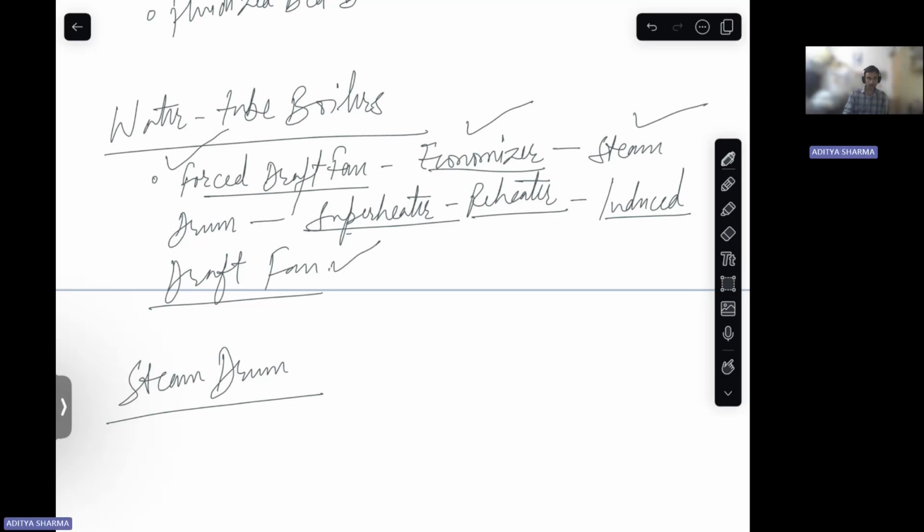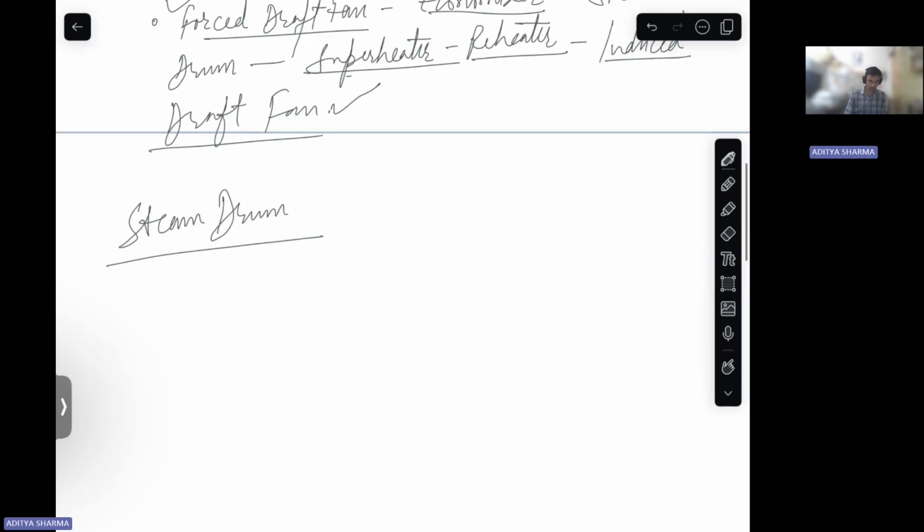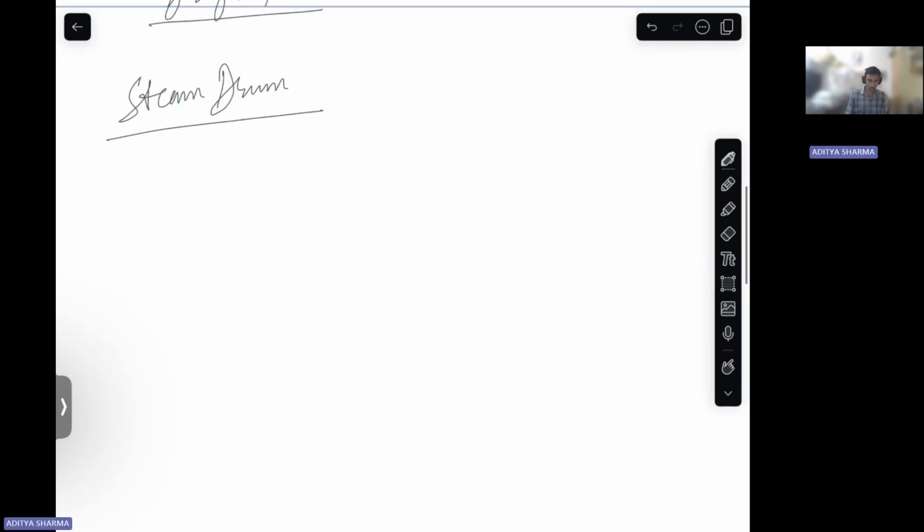So this is your steam drum. So I'll just draw one steam drum where a natural circulation takes place.